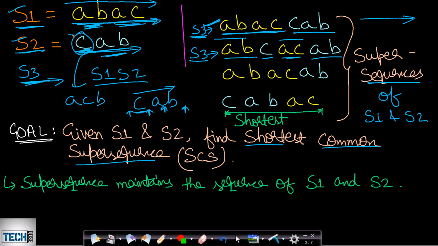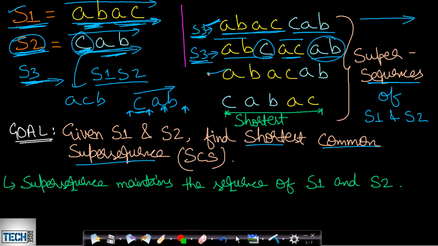And if you take this string S2 and find its subsequence in S3, then this entire string S2, which is CAB, will be present here, which is this CAB, right? So they are present in order, and the entire string S1 and S2 are present in this string S3. So this string S3 is a supersequence of this string S1 and S2.